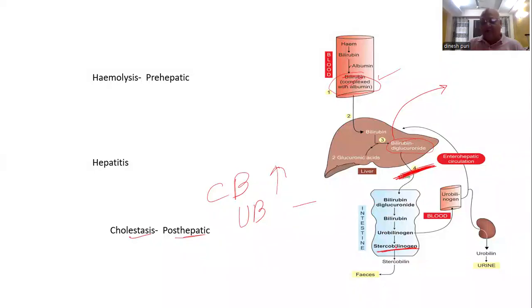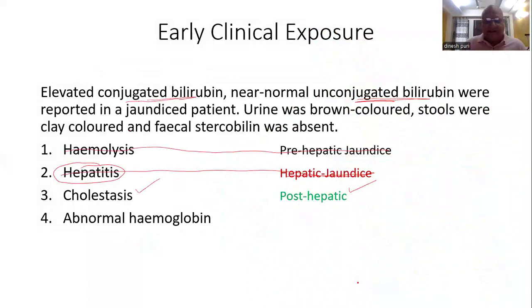So there will be less stercobilinogen formation, and less stercobilin will be excreted through the feces. Are we seeing the same in our patient also? Yes, we are seeing the same. Fecal stercobilin is absent. Conjugated bilirubin elevated, unconjugated bilirubin near normal.